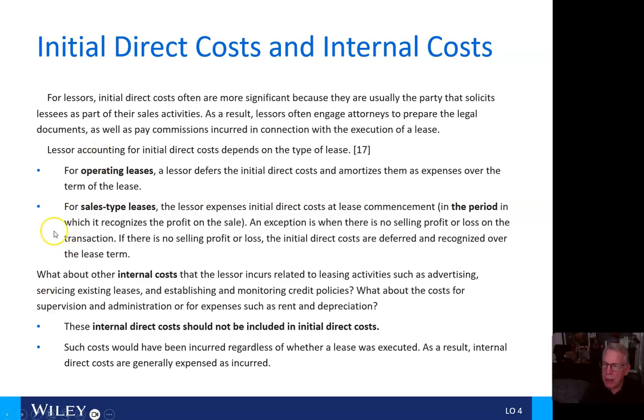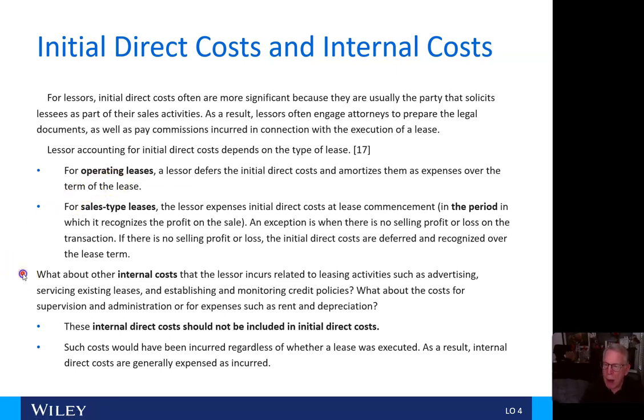But for sales type leases, the lessor expenses initial direct costs at lease commencement in the period in which it recognizes the profit on the sale. An exception is when there is no selling profit or loss on the transaction. If that is the case, the initial direct costs are deferred and recognized over the term of the lease.